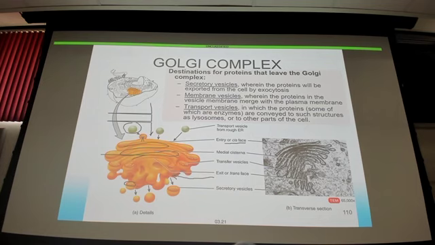It can also be more lipids and stuff for the membrane. And then transport vesicles are mature proteins and things that leave in a vesicle from the Golgi complex and go to other organelles inside of this cell, because other organelles need to be maintained also. So those are the three ways.